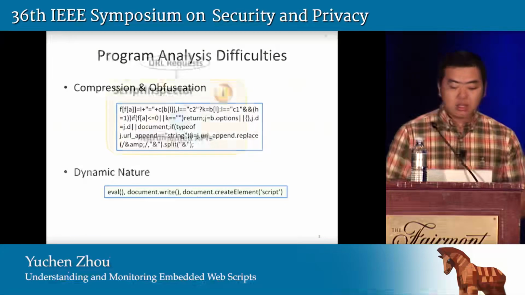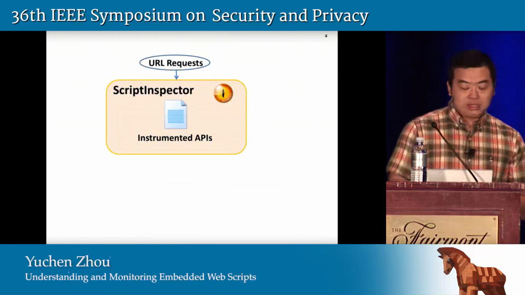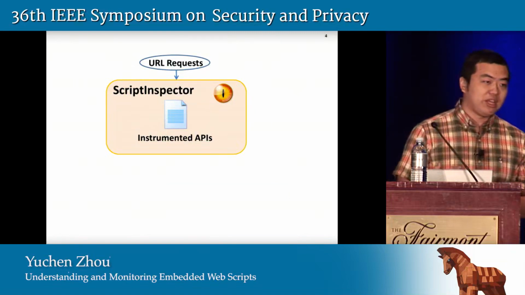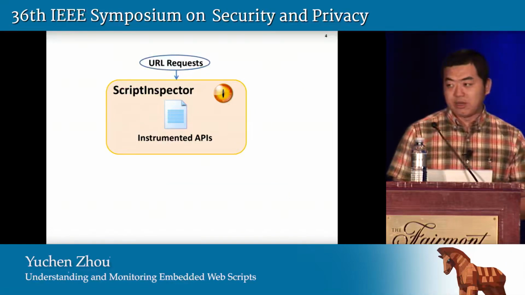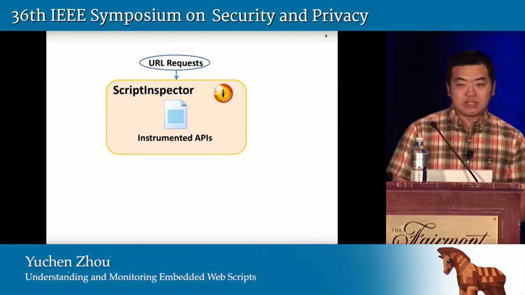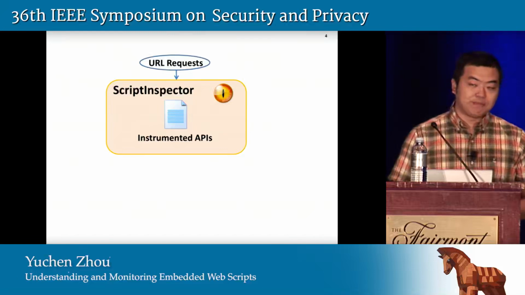So to this end, we propose Script Inspector. This is a set of tools that help developers or concerned users to understand the behavior of third-party JavaScript better. The centerpiece of this tool is a modified Firefox browser, which has instrumented APIs.